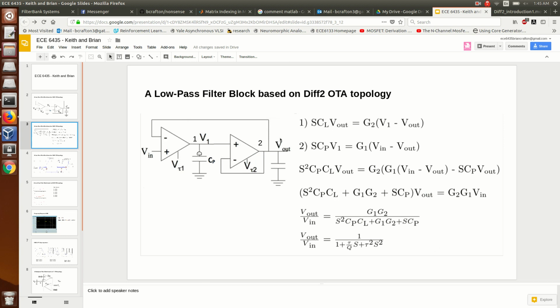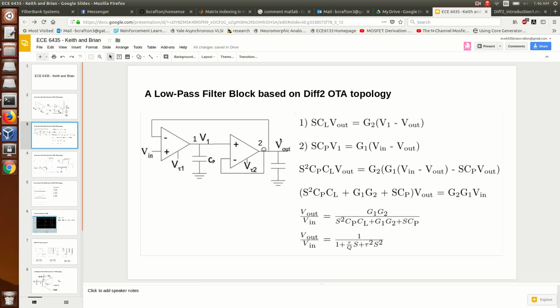Looking at the two nodes of this circuit, the current coming out of the first one is proportional to the difference in voltages across the terminals, and the rate of change of this voltage, because of this capacitor, is going to be proportional to that current.